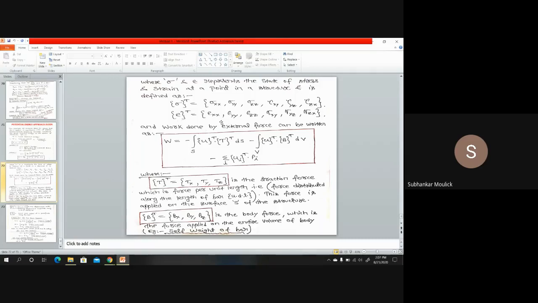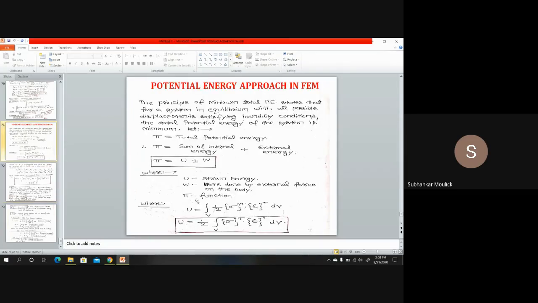For the x-axis it will be epsilon xx. To find the strain along the y-axis, it will be epsilon yy, epsilon zz. Likewise, shear strains gamma xy, gamma yz, and gamma zx. That means epsilon is a set containing these 6 values. Is it clear? This expression U is equal to half times the volume integral of sigma transpose into epsilon transpose dV. Any doubt?